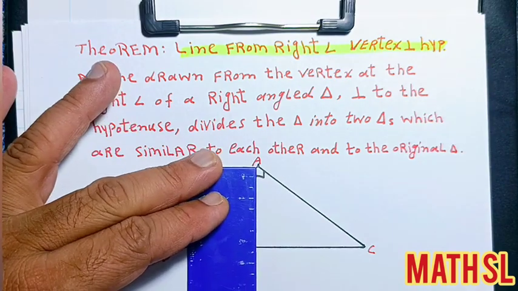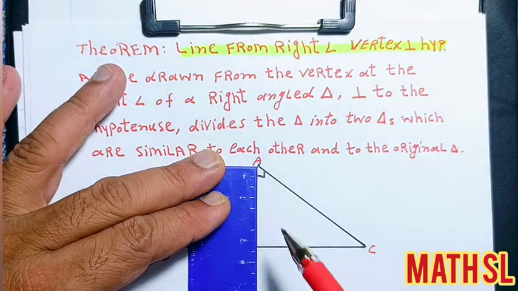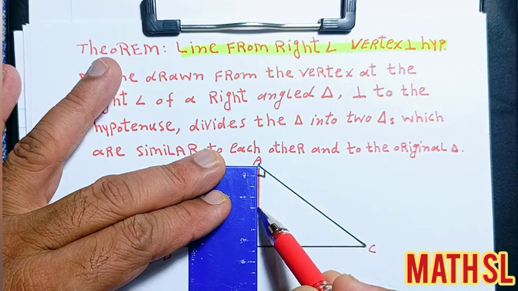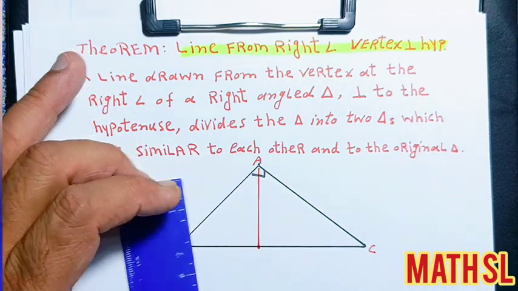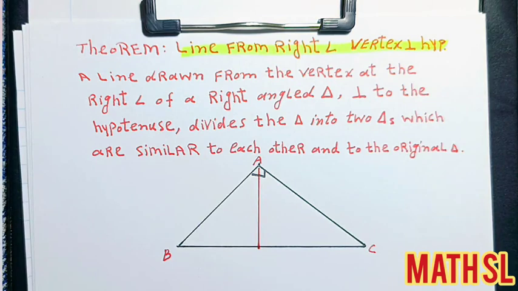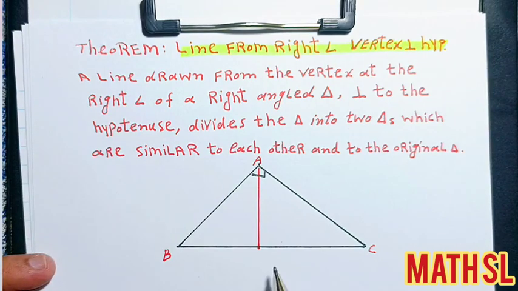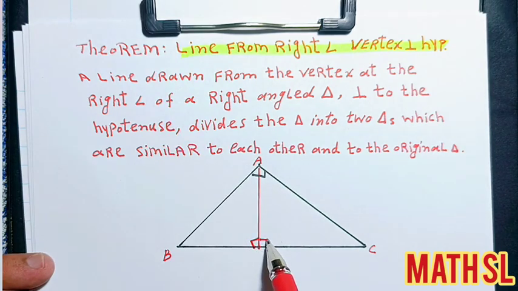If you draw the line here from the vertex according to the theorem, it is perpendicular to the hypotenuse. Obviously this is the hypotenuse of the main triangle. It's going to be perpendicular, which means a 90 degree angle, 90 degree, 90 degree.